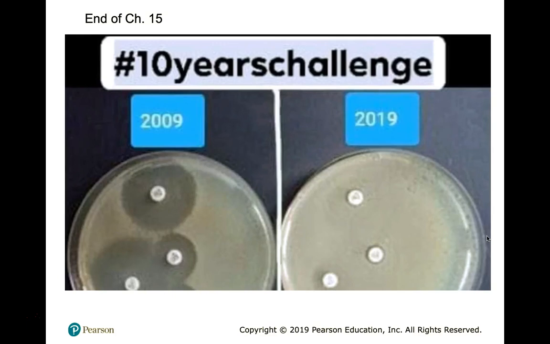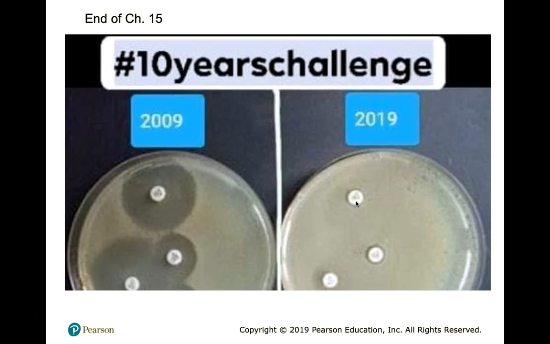And this image right here makes a lot of sense. Hopefully you can see how whatever is living on this plate is extremely susceptible to this antibiotic. 10 years later, the bacteria is extremely resistant to that antibiotic.